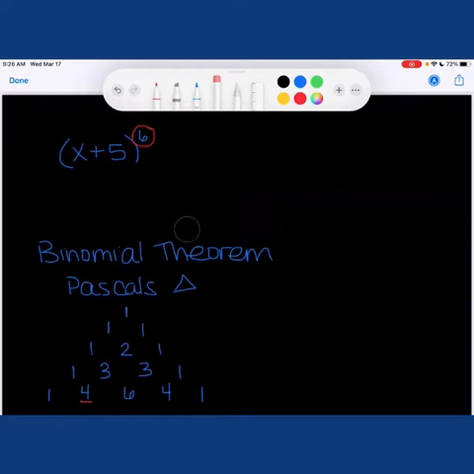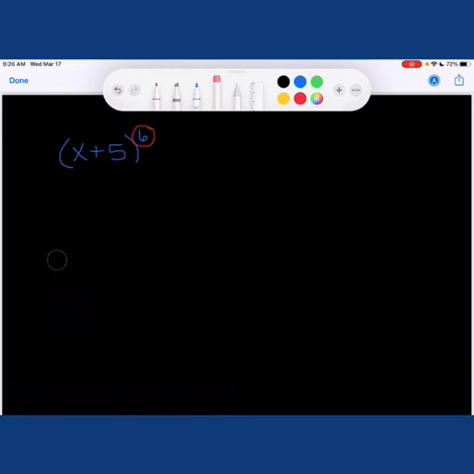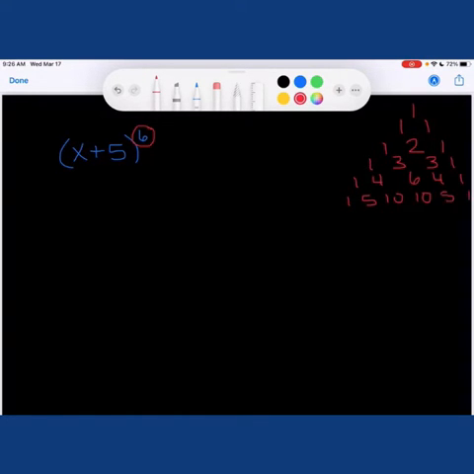We've got 1, 1, 1, 1, 2, 1, 1, 3, 3, 1, 1, 4, 6, 4, 1, 1, 5, 10, 10, 5, 1, 1, 6, 15, 20, 15, 6, 1. That's as far as I'm going to go, because that's the row I need, since there's a 6 there.